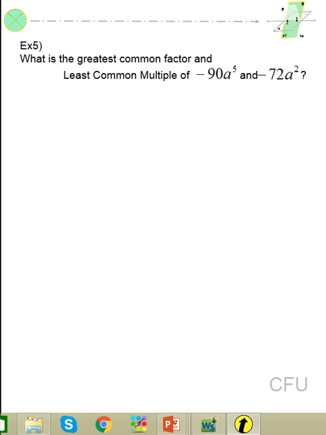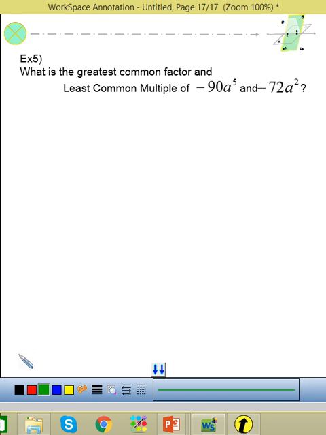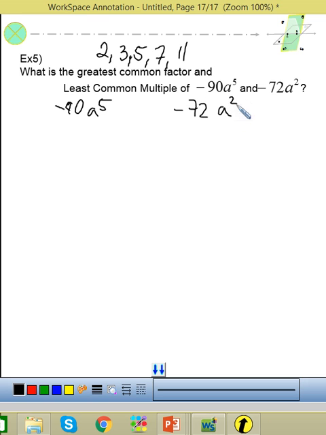All right, let's see what we got. So I'm going to write my 2, 3, 5, 7, 11. Then I got negative 90, a to the fifth, and negative 72, a to the second.